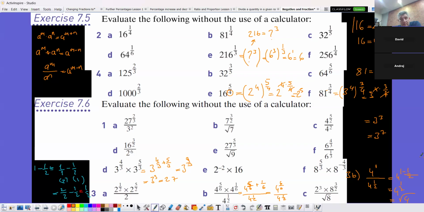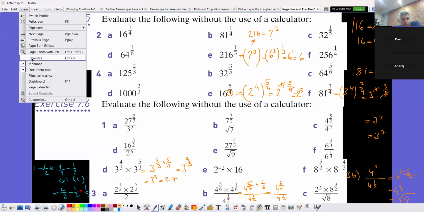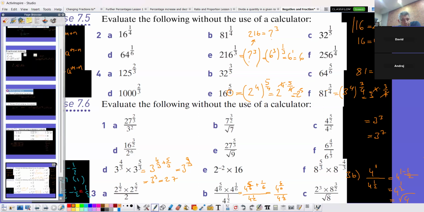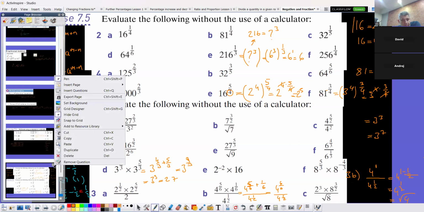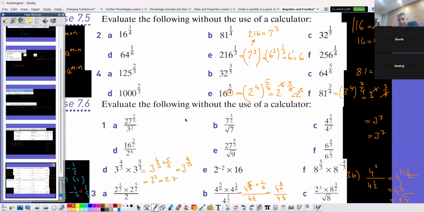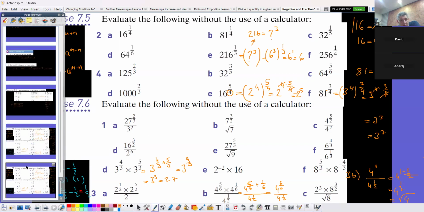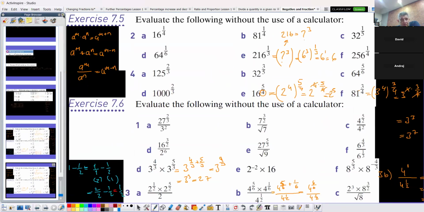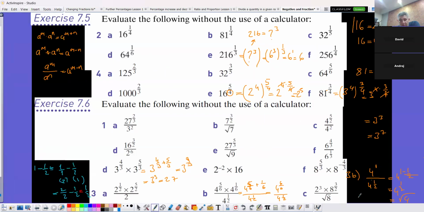Here, I need to copy this page. This one and this one are the same. Why am I doing that? Because I'm going to clean these up.